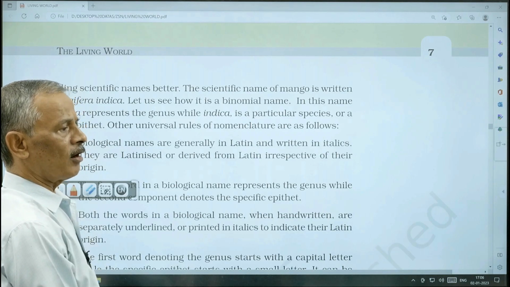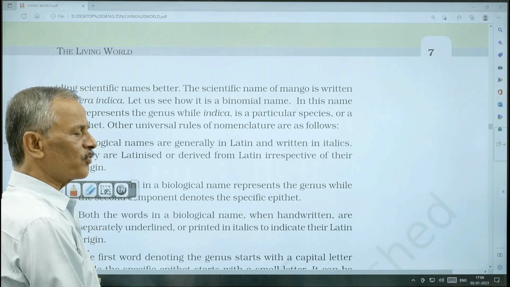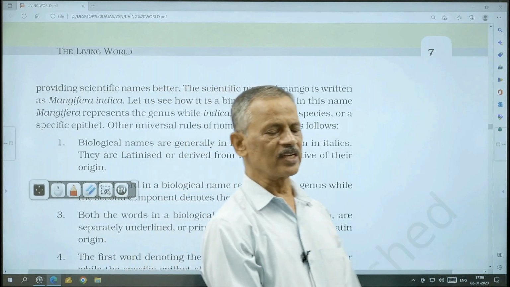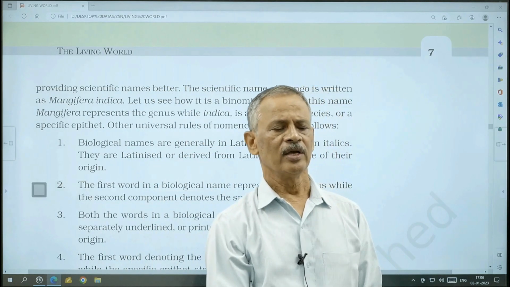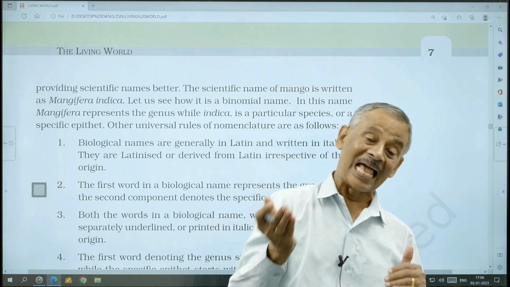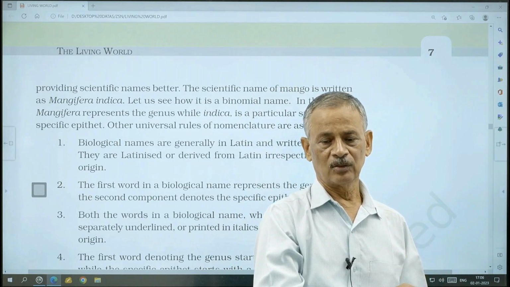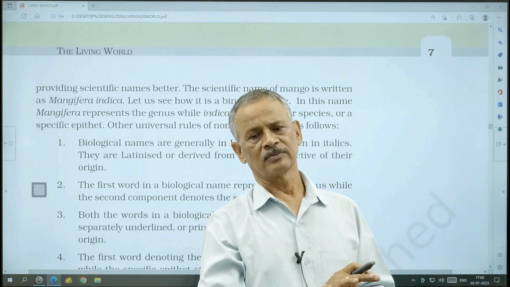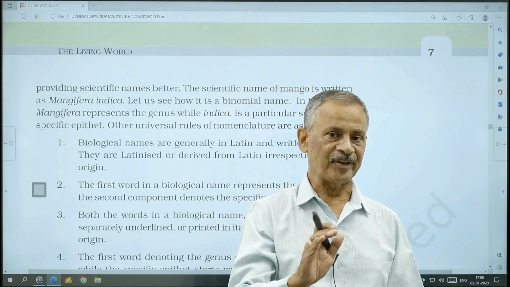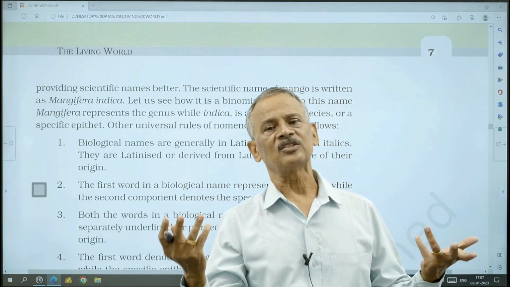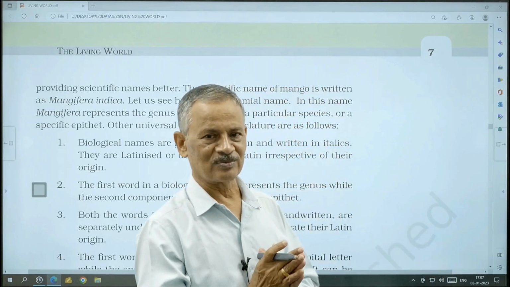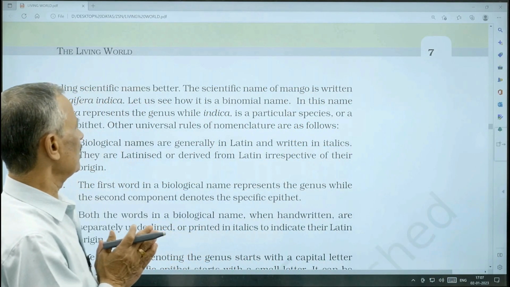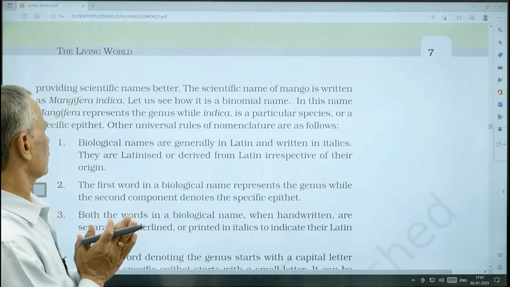These words are taken from Latin. If there is no correct Latin word, then these words are Latinized. Okay. So either Latin or Latinized. He selected Latin because Latin is a dead language. So that is the reason why Linnaeus took Latin.